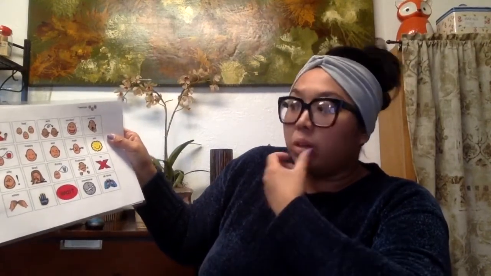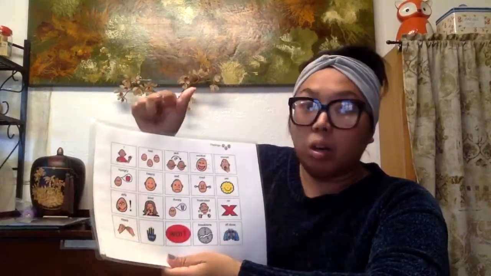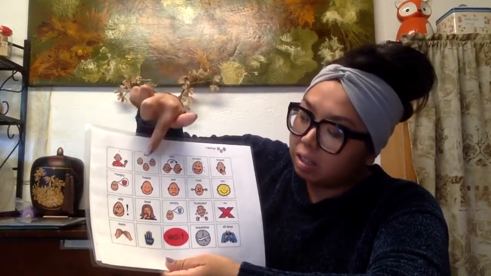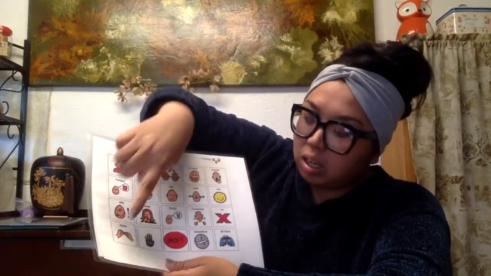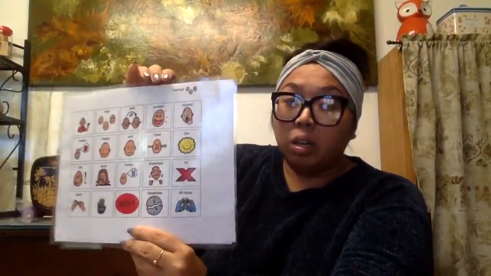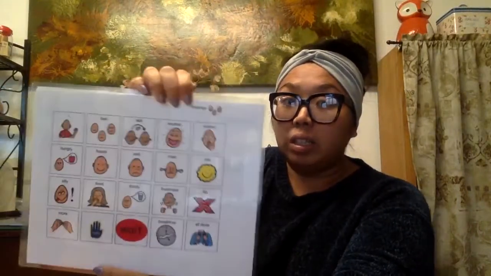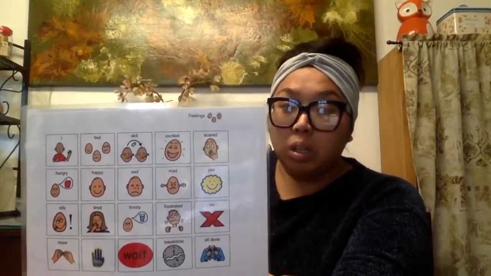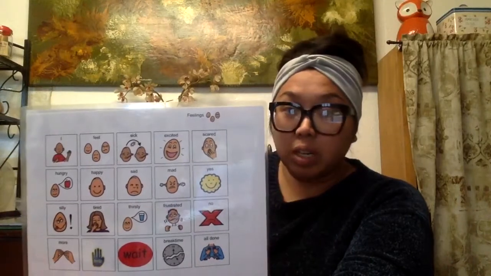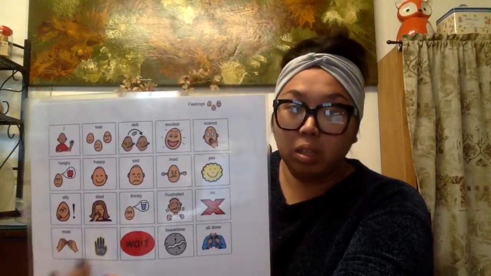Just getting familiar with where things are so that when you're pointing to them, you'll know, oh, this is I, this is feel, this is all done, this is more. So just getting familiar with the core board and trying to speak very slowly and clearly to the student or to your child, whoever you're using the board with.